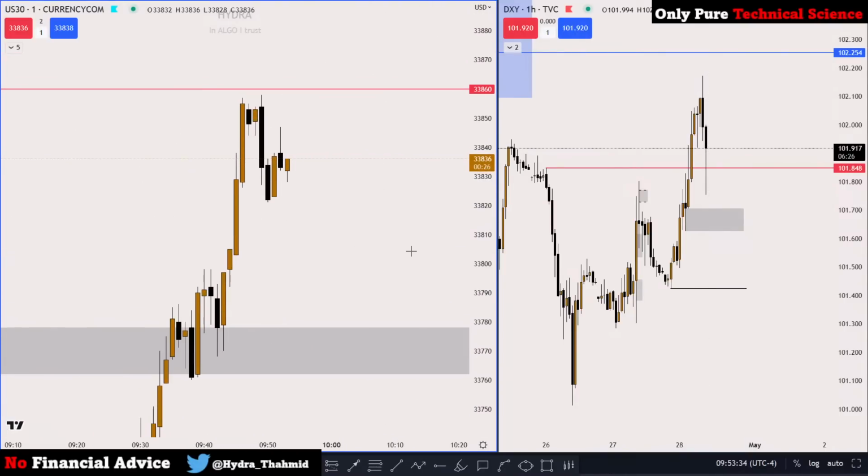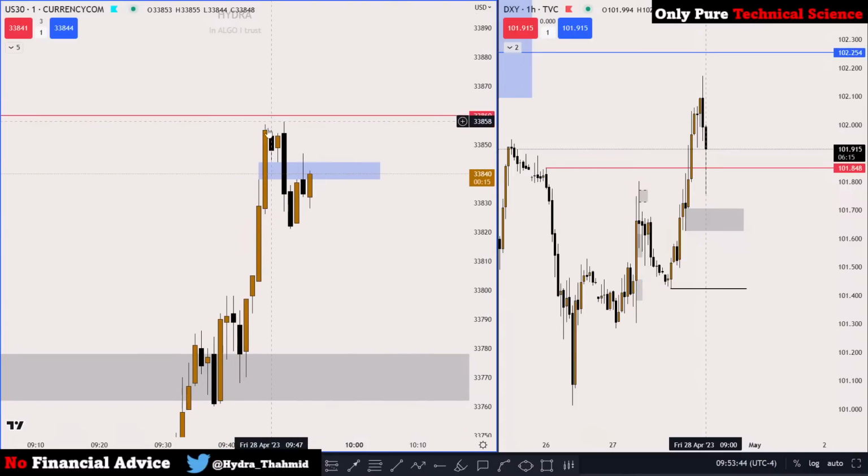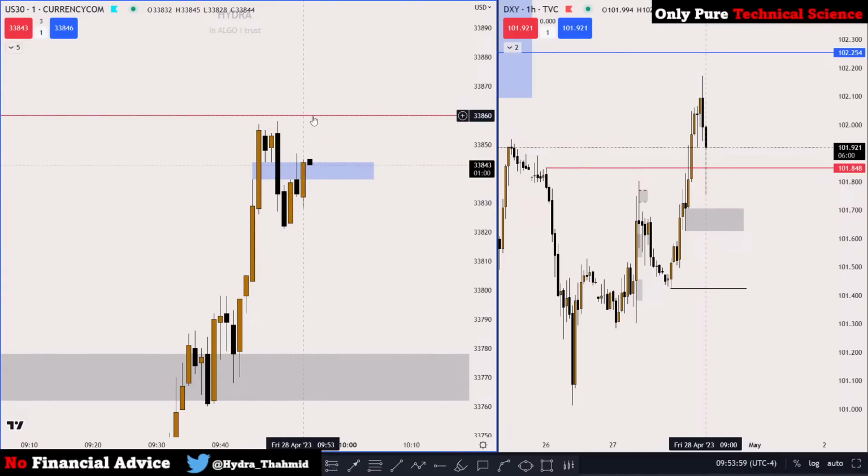But if price does not do that, it has a fair value gap here, and this fair value gap comes with a BPR. If price was taking out this equal high here, if price was going through 33,860, I would have entered in a trade here using this BPR, but right now I won't. Why? Because an equal high is here and it's intact.